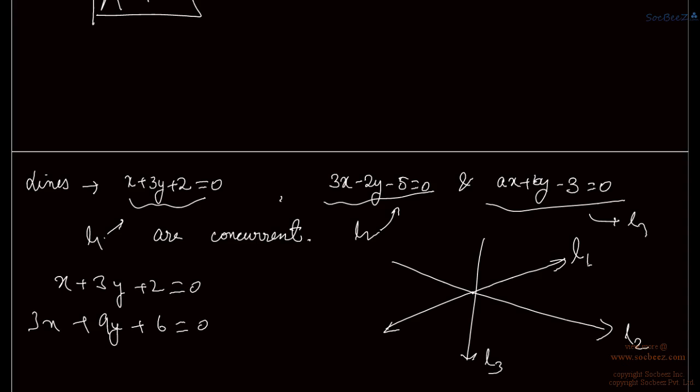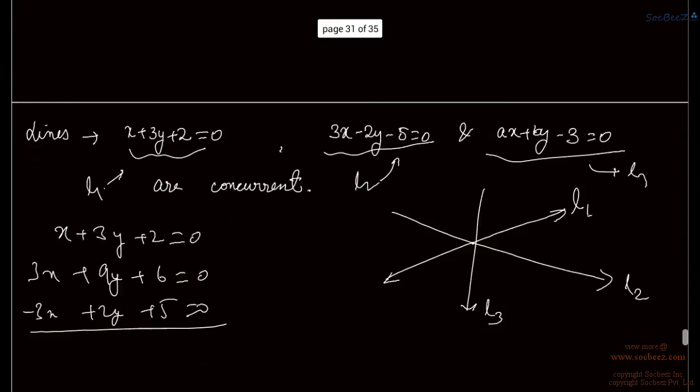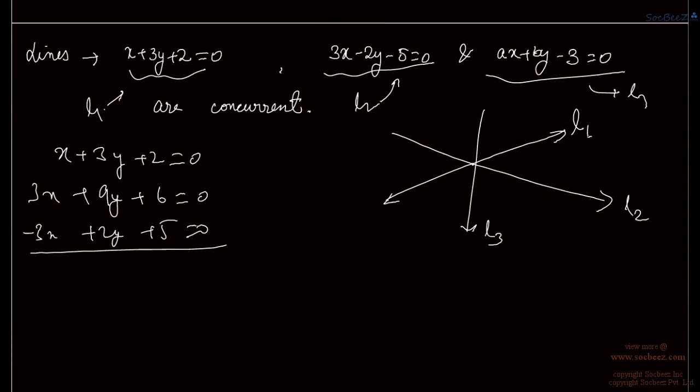Let us subtract this equation from this. Subtracting, this term will be cancelled. This will be 11y plus 11 is equal to 0, or y is minus 1.